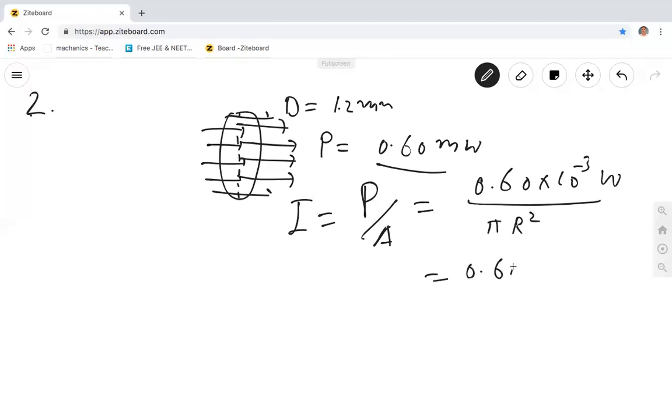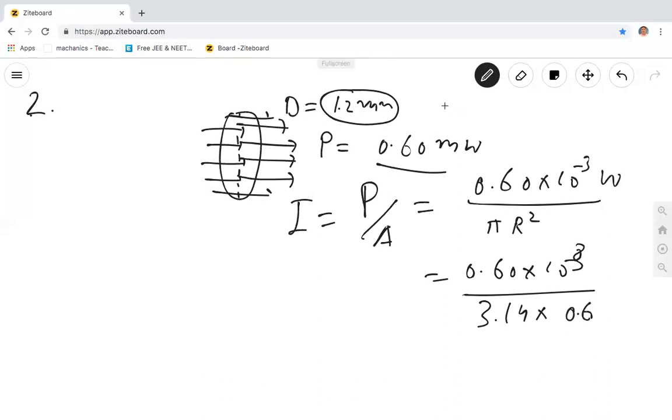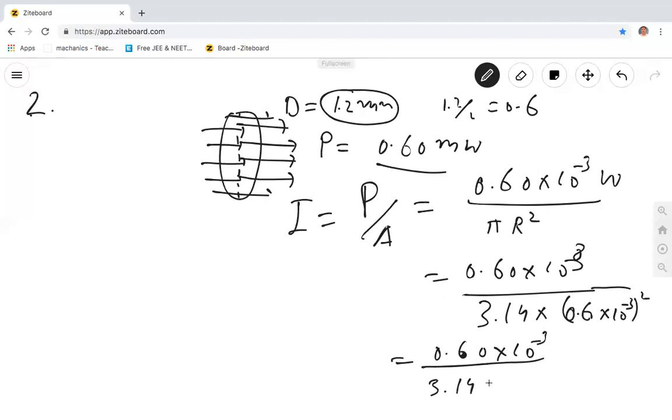That is 0.60 into 10 raised to the power minus 3 by pi, which is 3.14, and r square, where the radius is half of the diameter, 1.2 divided by 2, that is 0.6, into 10 raised to the power minus 3, squared. It is 0.60 into 10 raised to the power minus 3 divided by 3.14 into 0.6 square into 10 raised to the power minus 6. Calculate this.